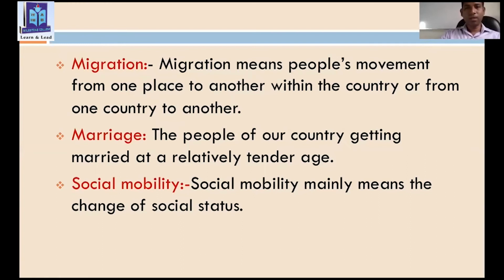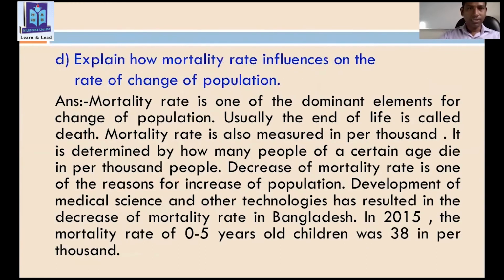Okay. And the last question here: explain how mortality rate influences the rate of change of population. Here you can see mortality rate is one of the dominant elements for change of population. Usually the end of life is called death, right? Mortality rate is also measured per thousand. Okay. It is determined by how many people of a certain age die per thousand people.